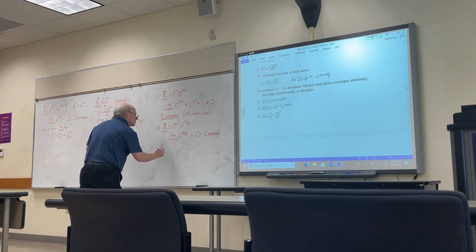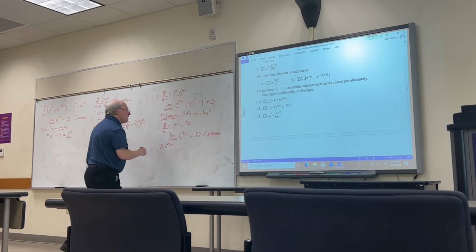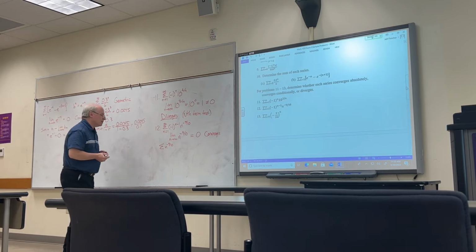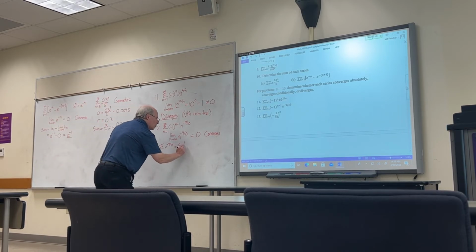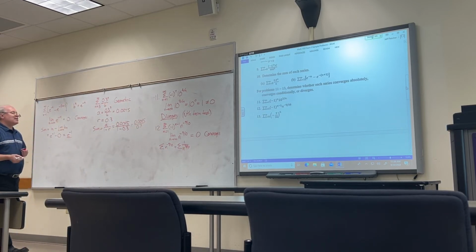So we look at the series n to the negative 9/10 and see if that converges or diverges. Of course we can write that as 1 over n to the 9/10. So does that series converge or diverge? It's going to 0, so it converges.